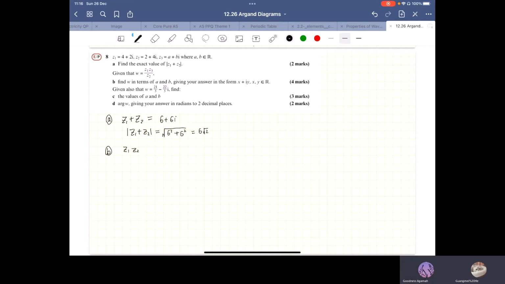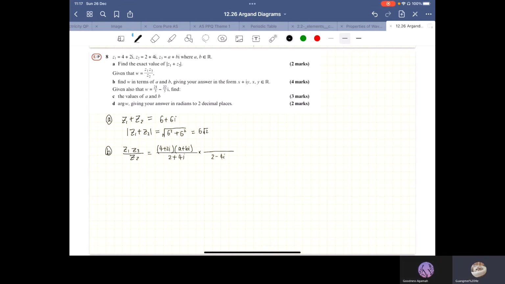Z1, Z3 over Z2 is equal to 4 plus 2i times a plus bi. 2 plus 4i is the denominator. Okay, and then we will multiply both numerator and denominator by which fraction? 2 minus 4i.